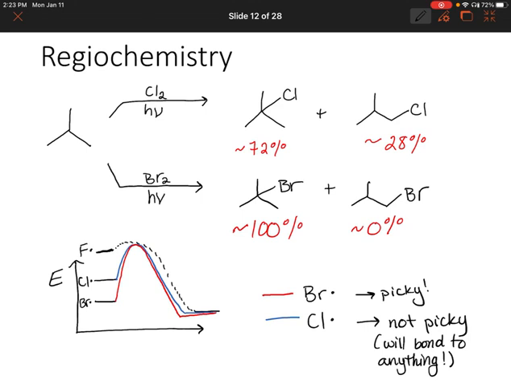So chlorine will kind of bond to any radical, but bromine is a little more choosy. It's more stable to start, so it would prefer to form the more stable product. Now, bromine is more stable due to its size.